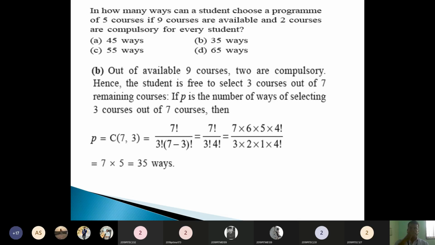Here, the difference between permutation and combination is that combination is about selecting the objects. If we take the same example, 3 letters, picking 2 letters at a time, how many different combinations are possible? From the letters A, B, C, picking 2 letters at a time, only 3 combinations: AB, then AC, the second combination, and next BC.